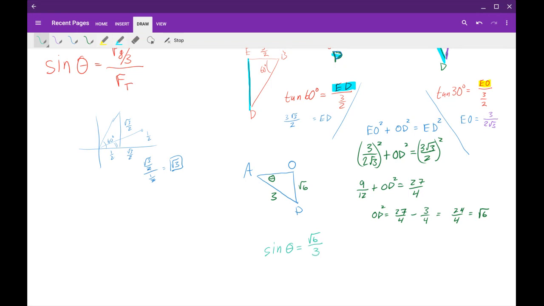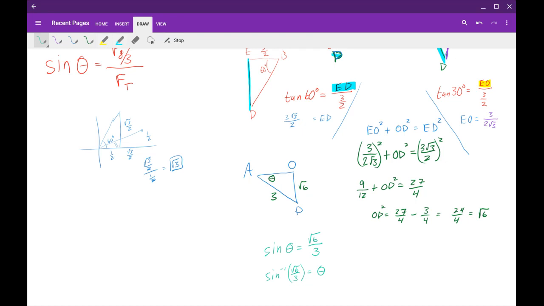And so I'm going to do sine inverse of root 6 over 3 for my little fancy angle. All right, and I don't know what that is, but I'm going to try it out, and then we'll see what happens.